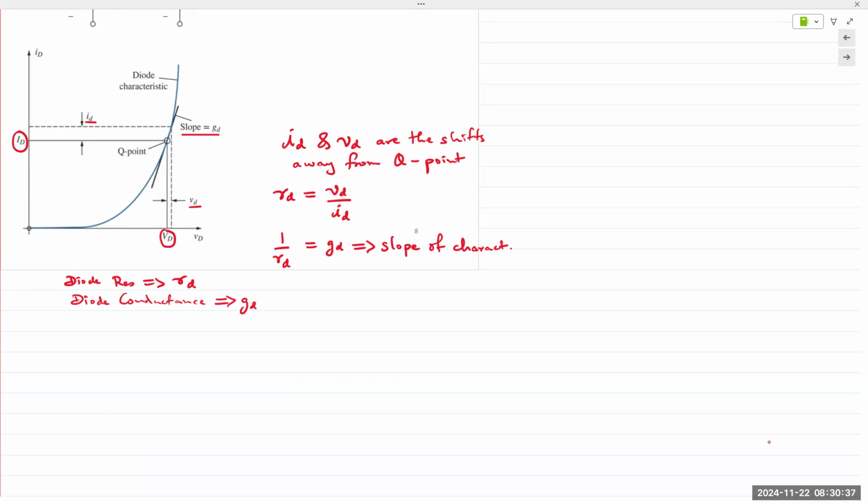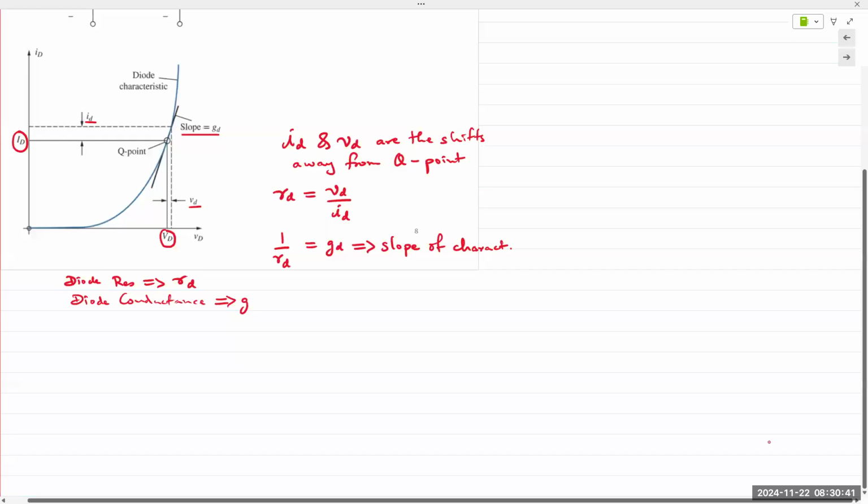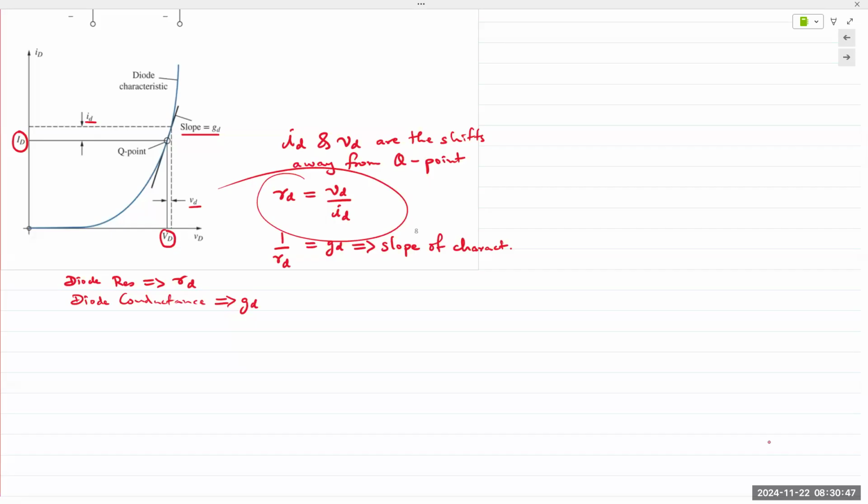Now, to find a value for GD, we can insert the diode equation into the resistance equation. And then when we reduce that, we obtain GD as ID plus IS over the thermal voltage VT.